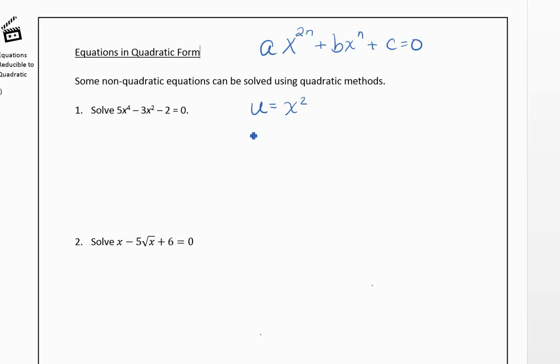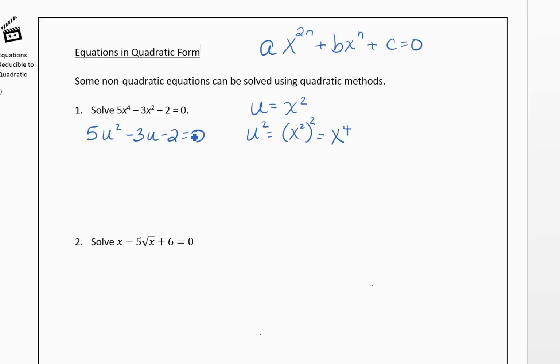Well, what is u squared then? u squared would be x squared squared, and when you are taking an exponent to an exponent, you multiply it. It would be x to the 4th. So now if we substitute in for u's here, we would have 5u squared minus 3u minus 2 equals 0.